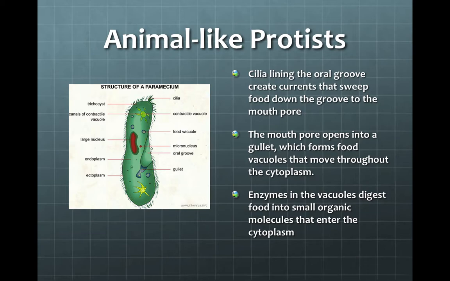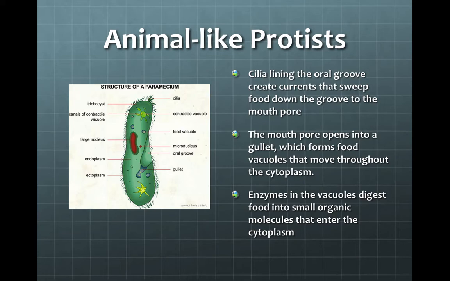All right, so this is the one where we left off, I think. Cilia lining the oral groove create currents that sweep food down the groove to the mouth pore. The mouth pore opens into a gullet, which is kind of like a stomach, which forms food vacuoles that move through the cytoplasm.